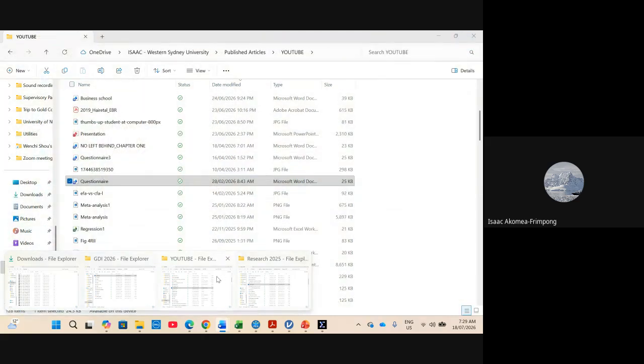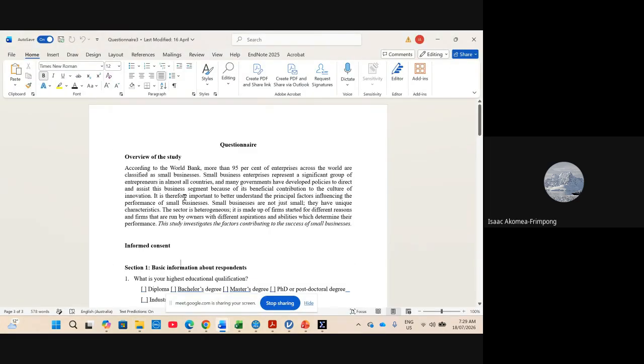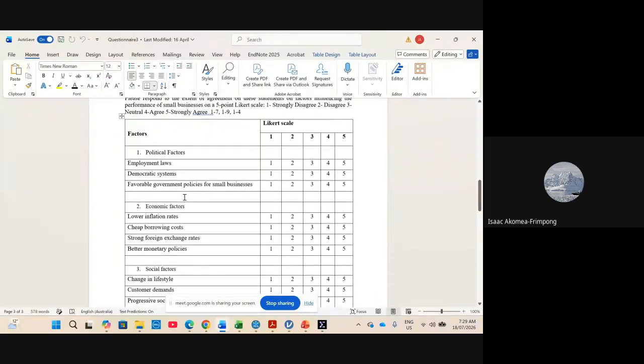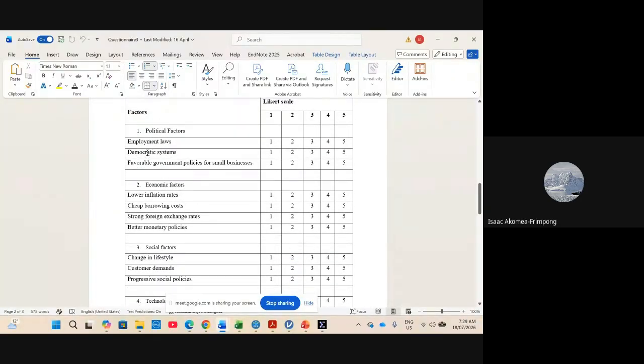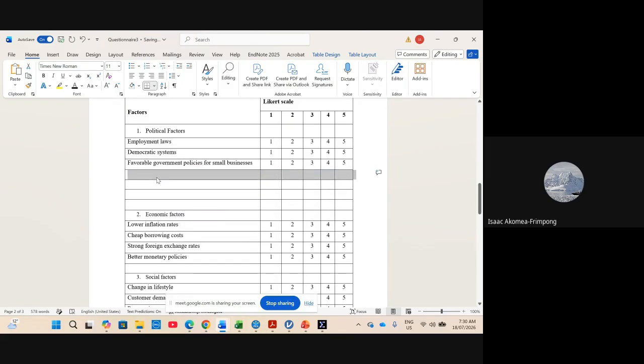I want to show you a questionnaire, like this one. I use this one to teach, but if I were developing this questionnaire normally, I'd put in more indicators. Here, for example, the political factors construct has only 3 indicators.